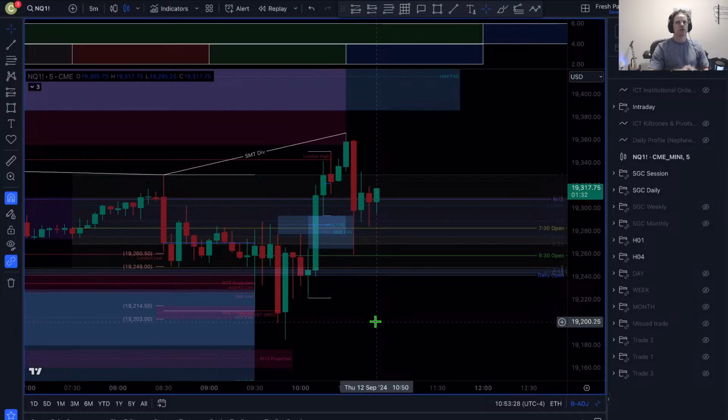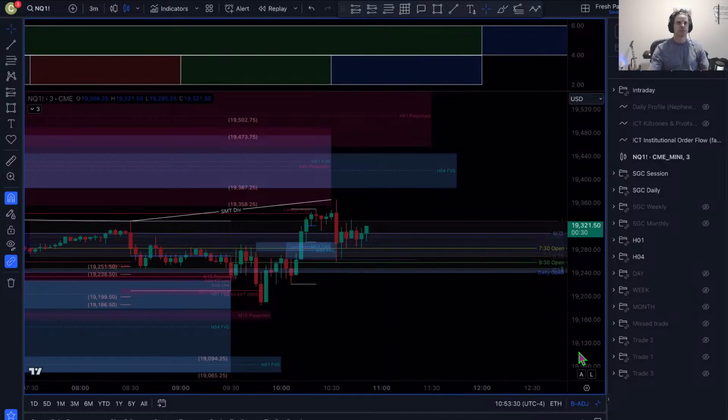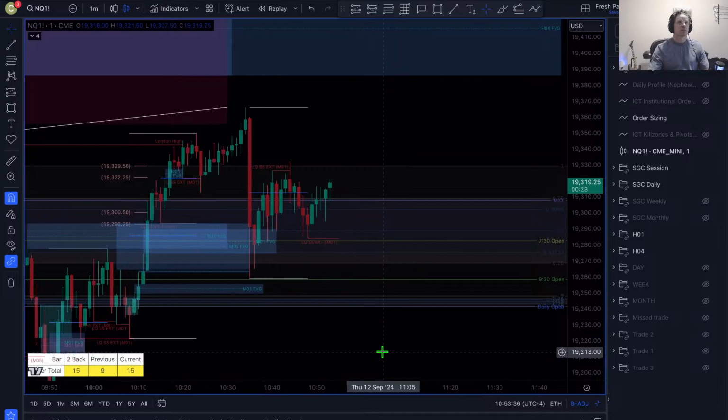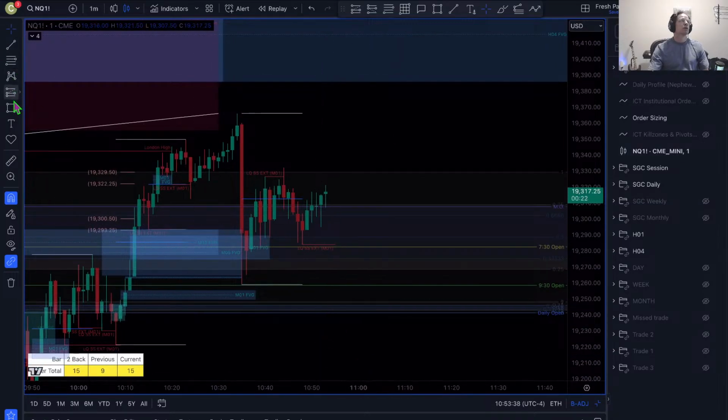It's really failure to just place on the M5. You have that order block? Not yet.